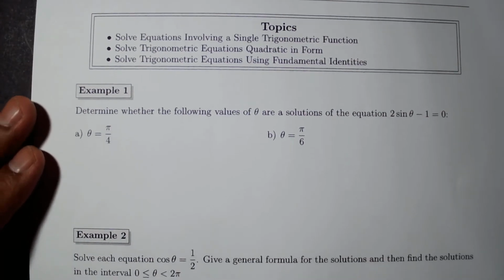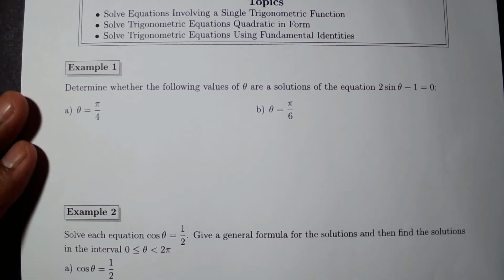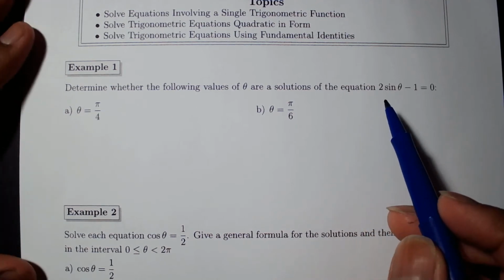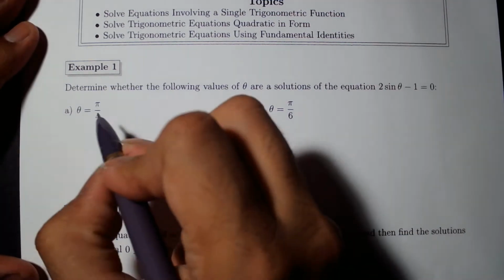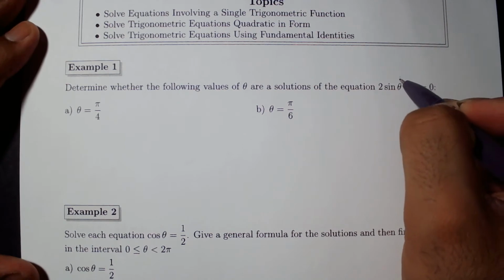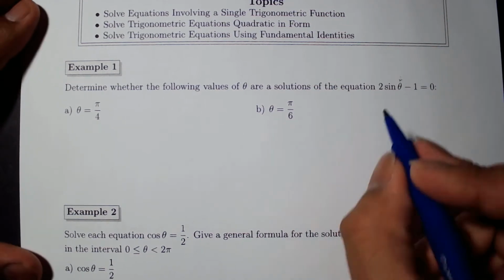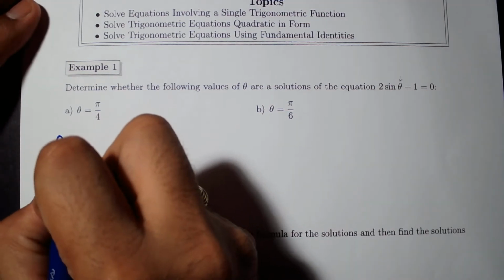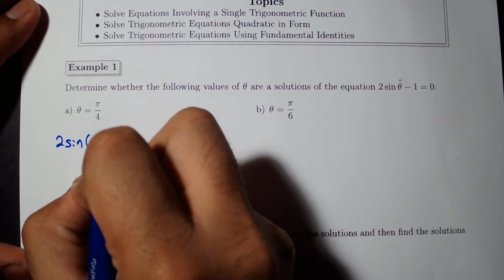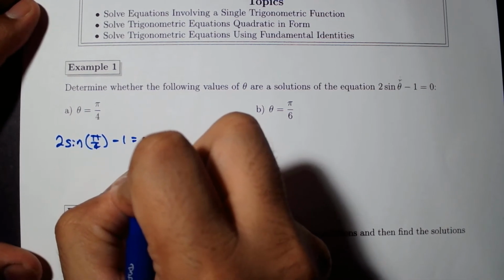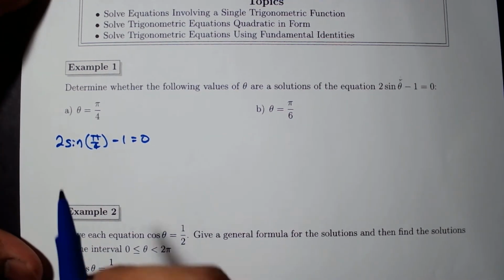First of all, what we do is determine whether a given angle is a solution to a given equation. And again, all you want to do is plug in this number wherever you see, in this case not x, but rather theta. So I'm going to go to sine theta, which is pi over 4, minus 1, and check whether that equals 0.